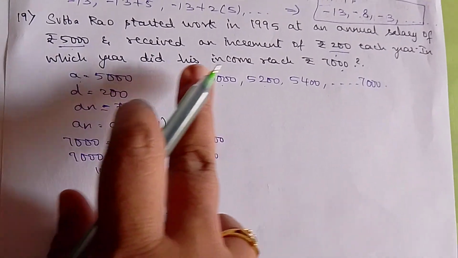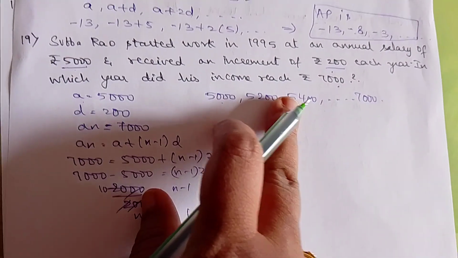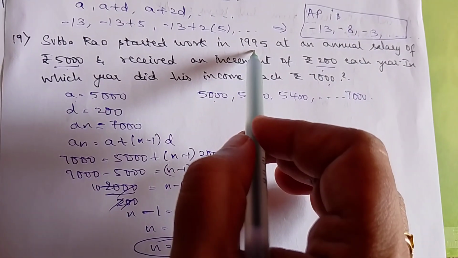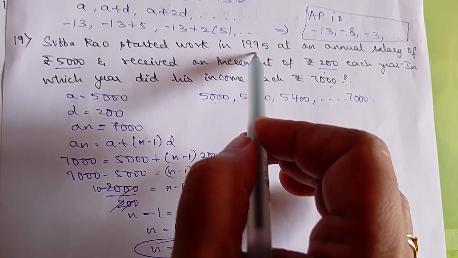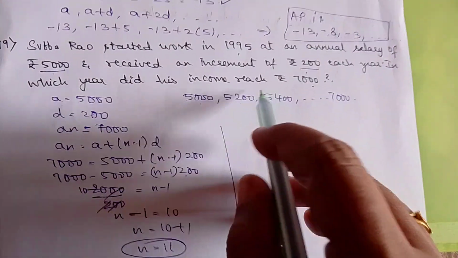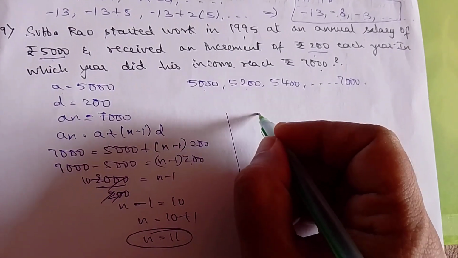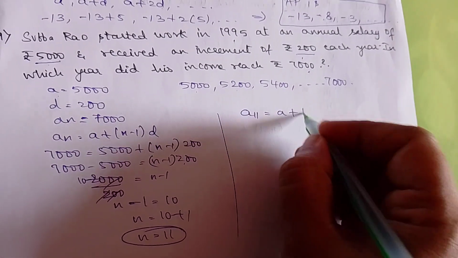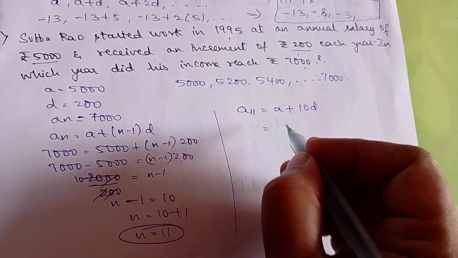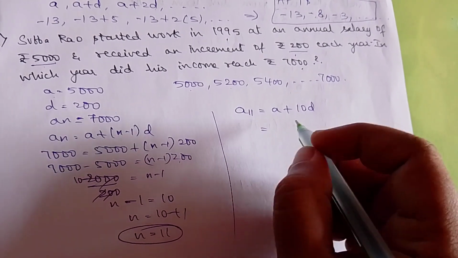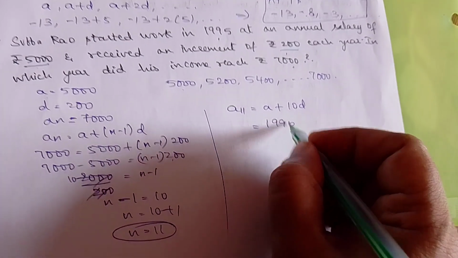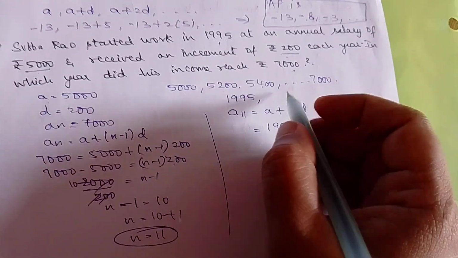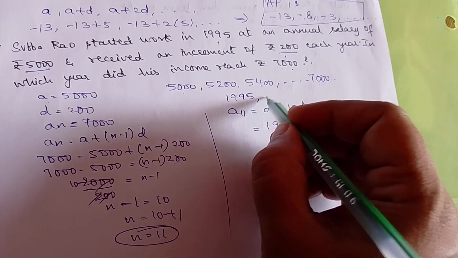They have asked in which year did his income reach 7,000. So the starting year is 1995, correct? Now we have to find in which year did his income reach. So we will find out A11. A11 is nothing but A plus 10D, which we already know. What is A? Here A is 1995. It is the year. 1995 is the year where he started to work, and it went on.